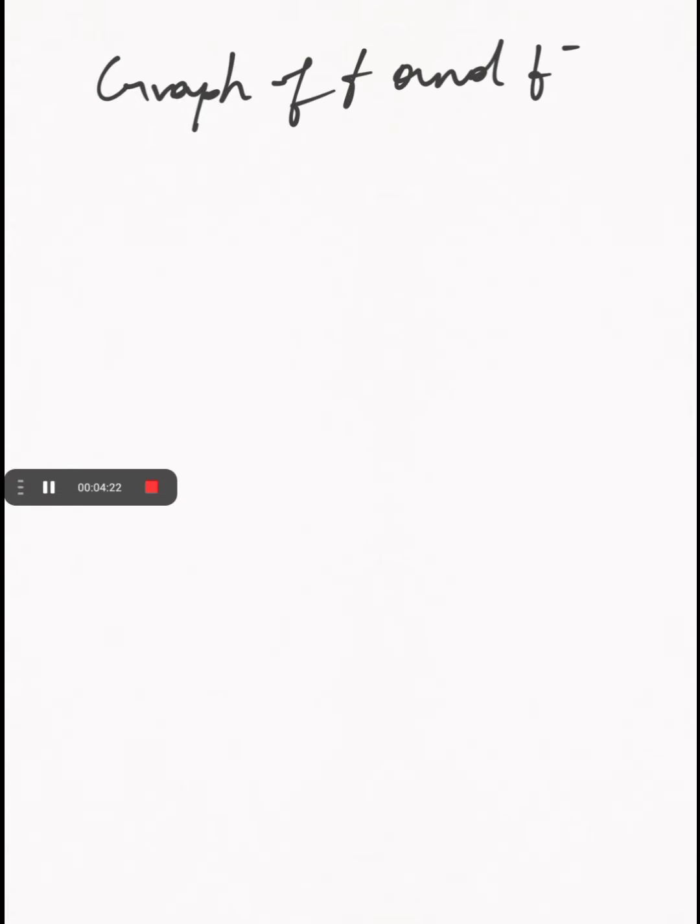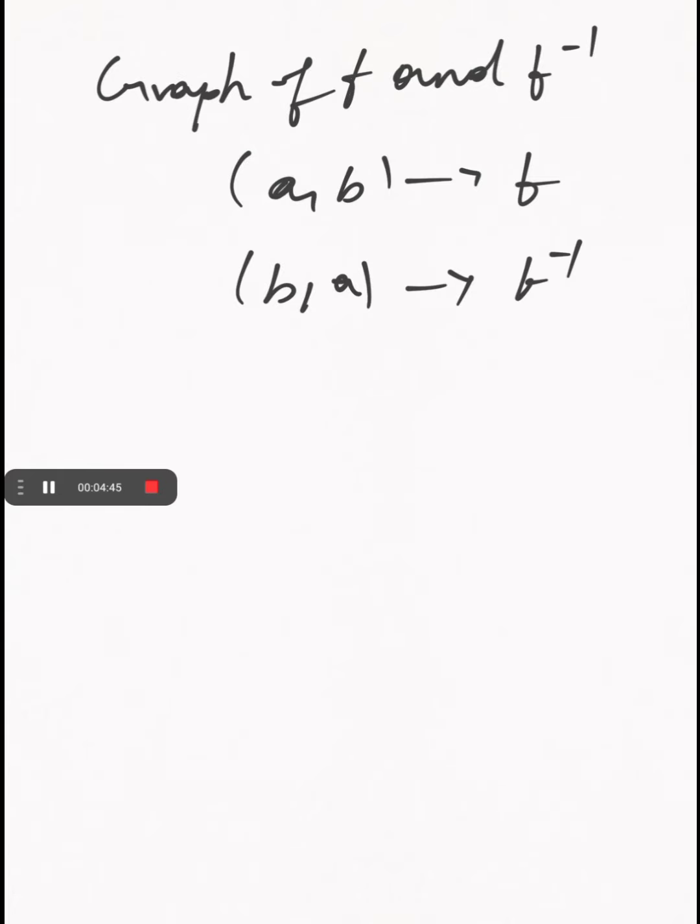If a point (a, b) is on the graph of an invertible function f, then (b, a) is a point on the graph of f inverse.